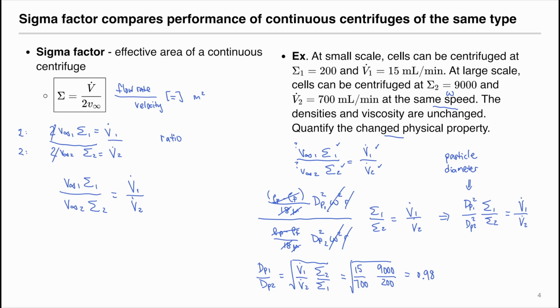So that we have the diameter of 1 is equal to 0.98 of the particle diameter 2. We have the small scale particle diameter is smaller than the large scale particle diameter.